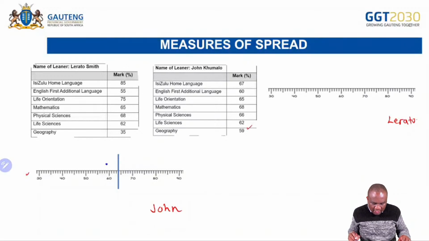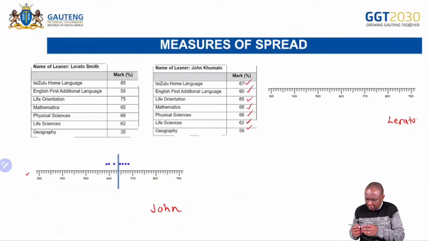And then followed by 60, then followed by 62, and then 65. Then we have 66, we have 67, we have 68. Okay, you see that? So these are all the marks for John.